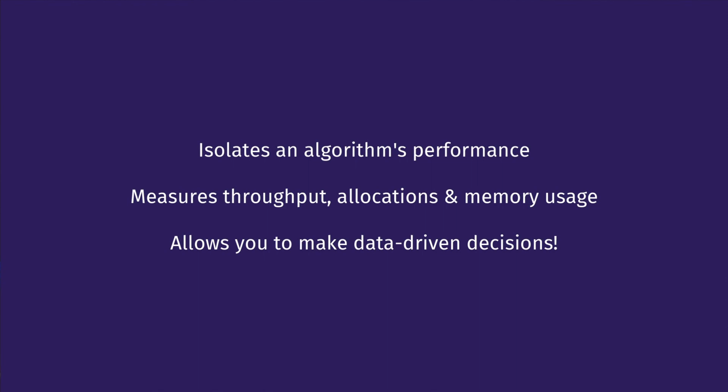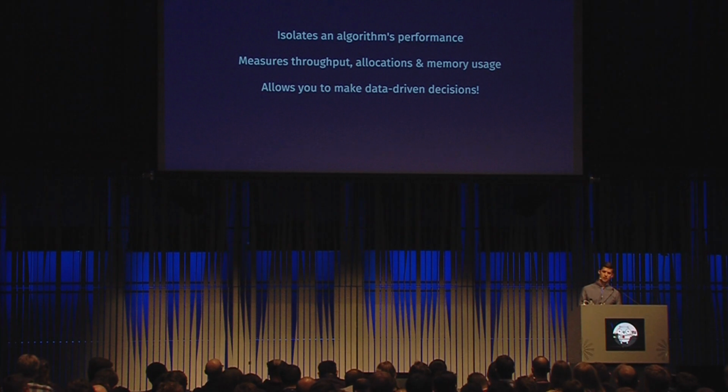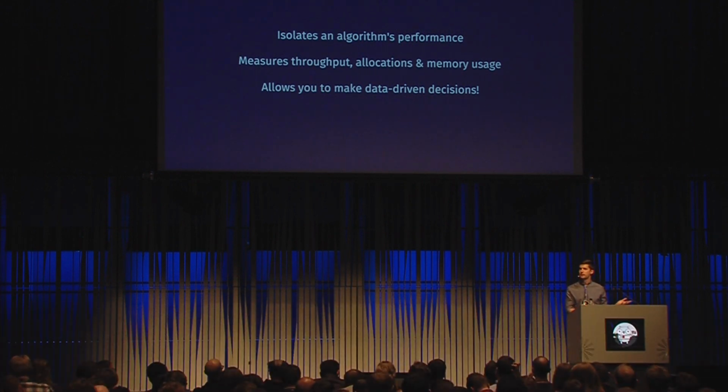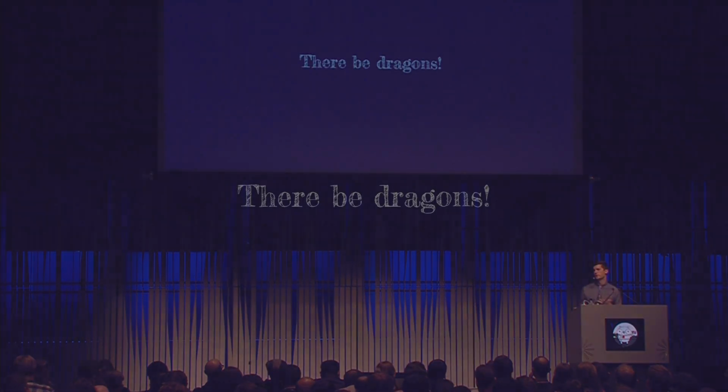You want to look at things like throughput, memory allocation, or memory usage overall, for each run. And you can collect all of that kind of data. It sounds pretty good, right? You're collecting data from running these benchmarks. You can make, ideally, data-driven decisions, but that's not always the case, right?